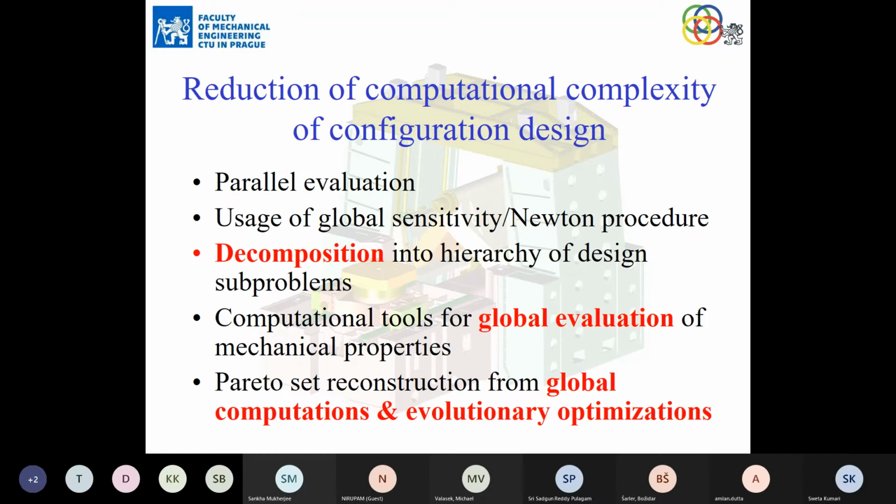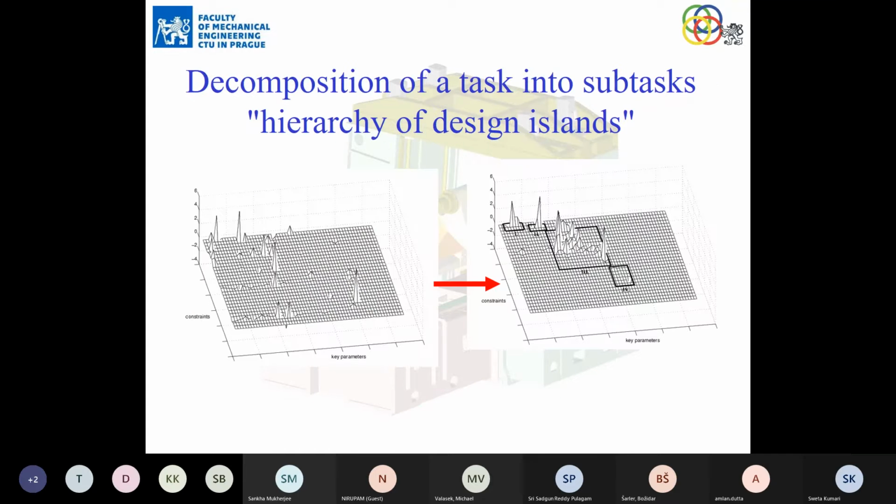So how to reduce this computational complexity? One way is parallel computation. I shall show something about that, some sensitivity analysis, but the key approach we have found is decomposition of the design space into a hierarchy of design problems, sub-problems, global evaluation, and then finally global computation and an evolutionary algorithm.